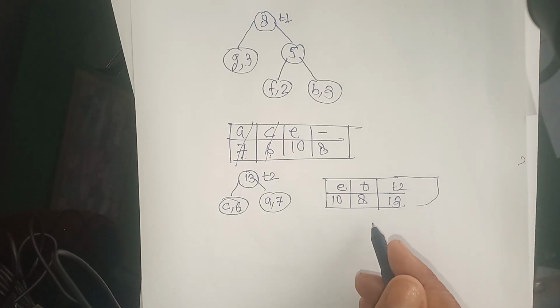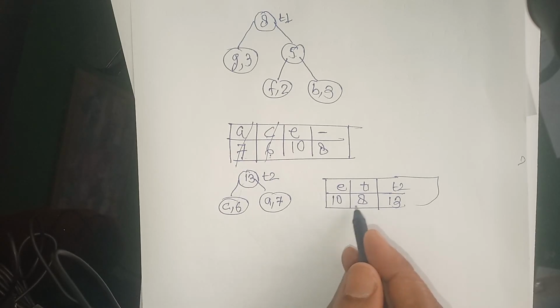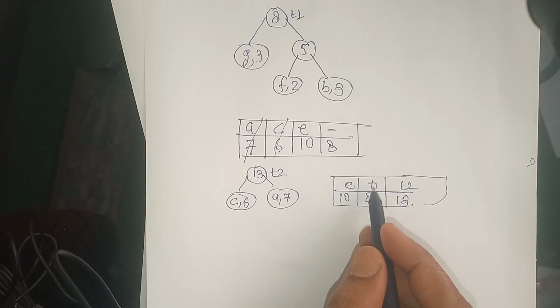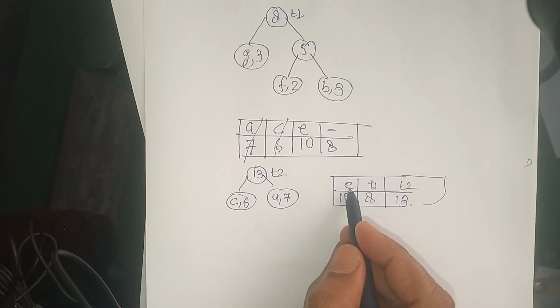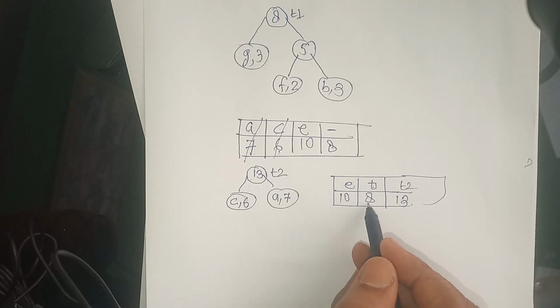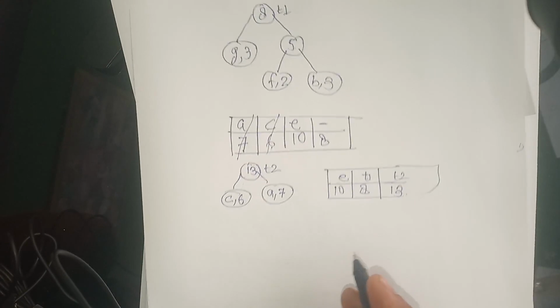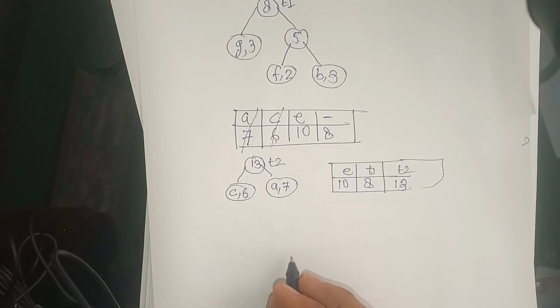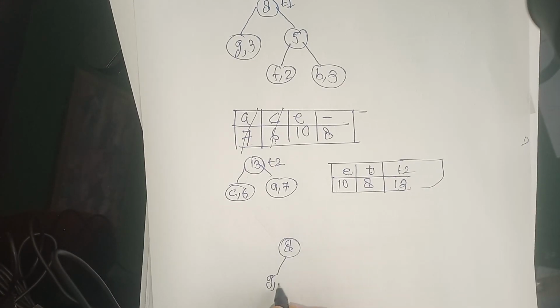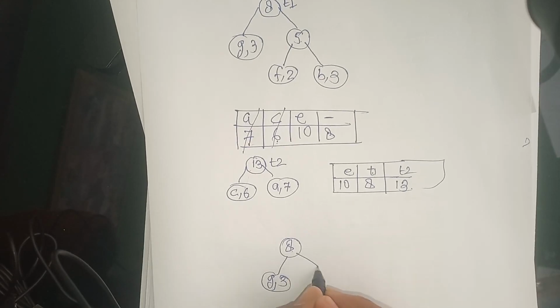So again we have to repeat the procedure, and we have to prepare a tree, and here we can see that T1 and E are having lowest frequency, so we will keep T1 on the left hand side. T1 is this tree, that is 8, G3 and 5.